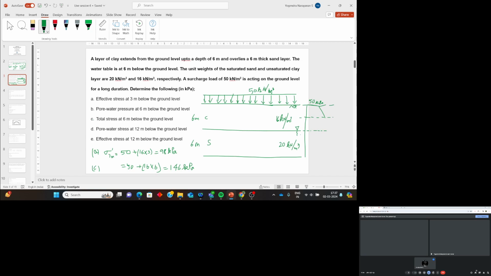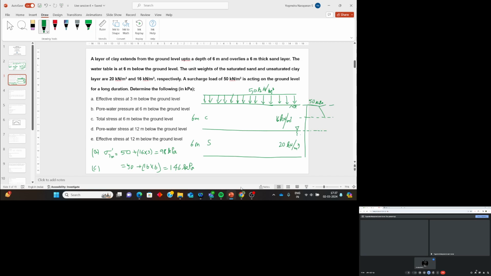What happened? Pore water pressure at 6 meters below ground level. So I think 140.